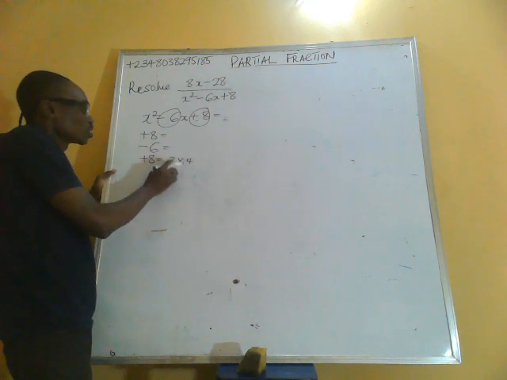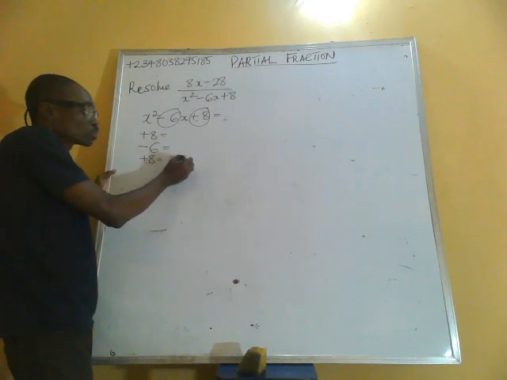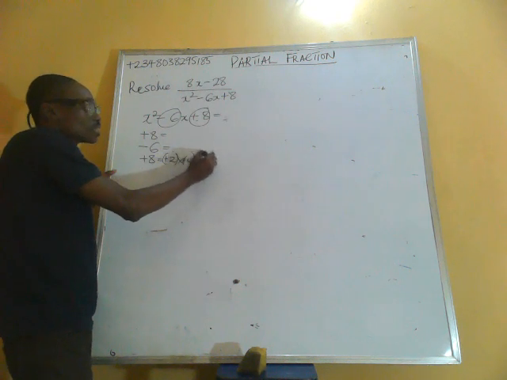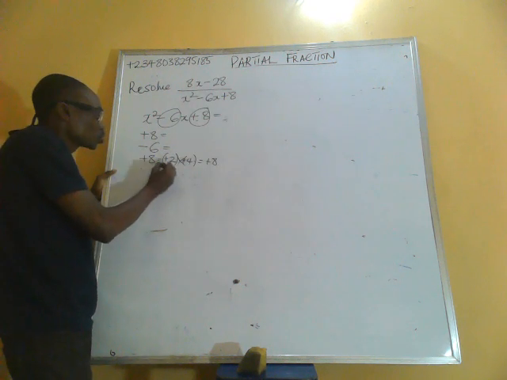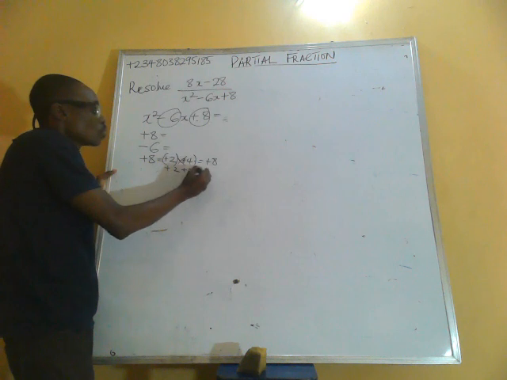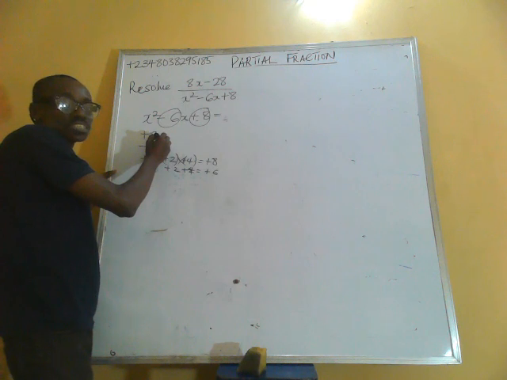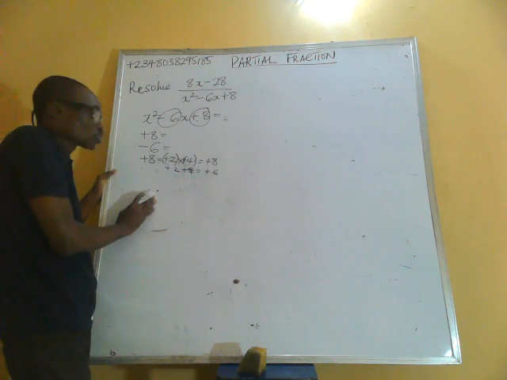Plus 2 times plus 4 will give you plus 8, but plus 2 plus 4 will give you plus 6, not minus 6. The only way it's going to give you minus 6 is when the signs are both minus.